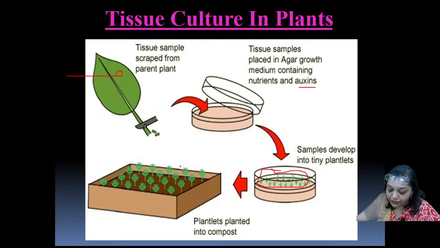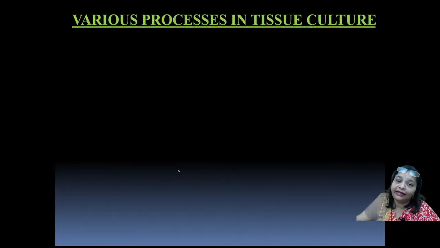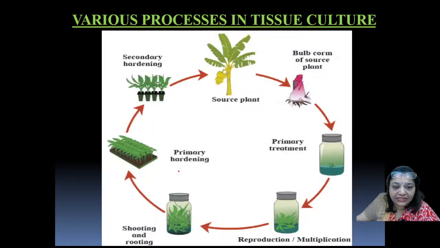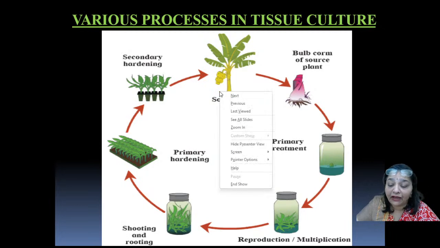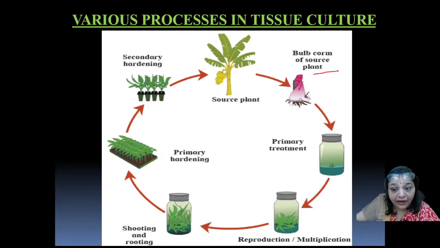So we are going to see how exactly the various processes take place in tissue culture. Now suppose for example we take a banana plant. This is simply called the source plant. From the source plant we have chosen the bulb or the comb as the explant here, right?